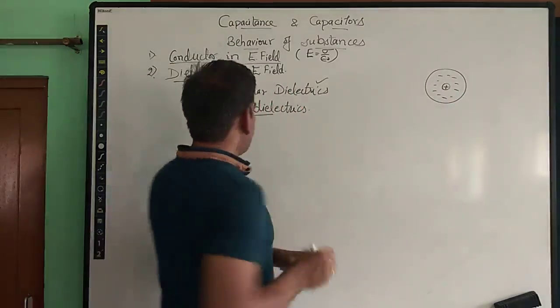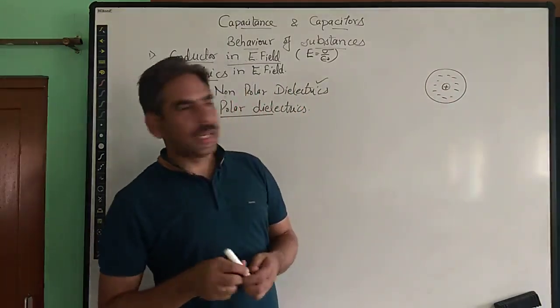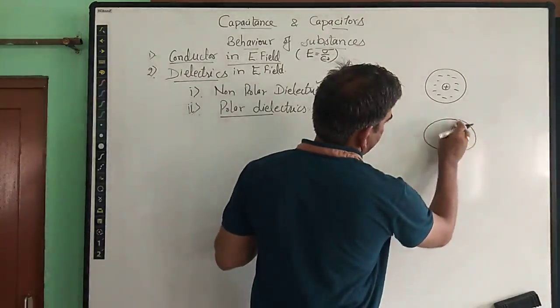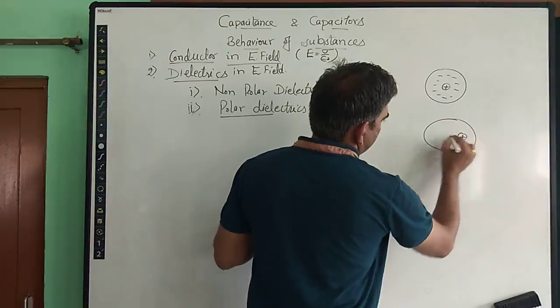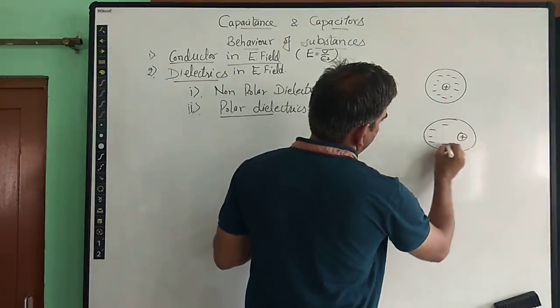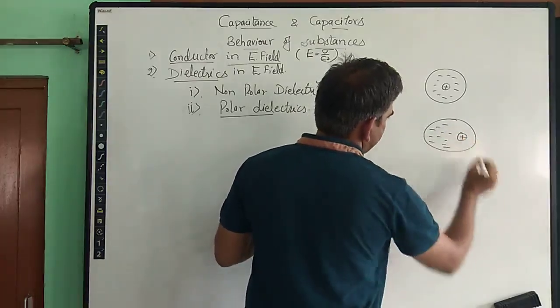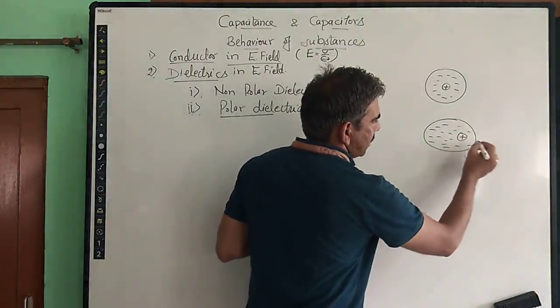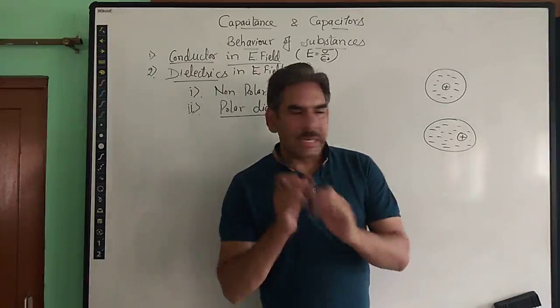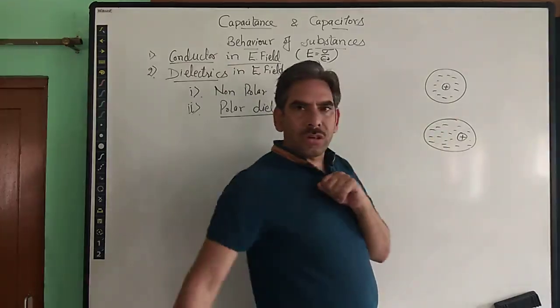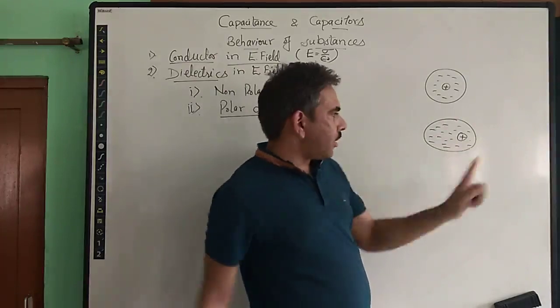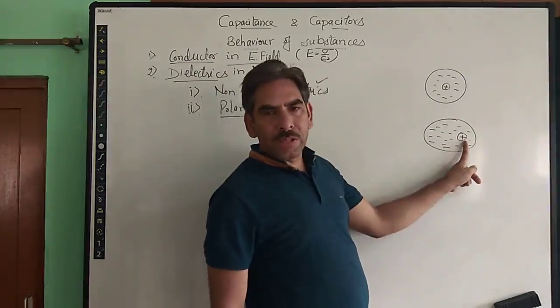Then there are polar dielectrics. Polar dielectrics are the ones in which the atoms are such that the centers of negative and positive charges are separated. They are not at the same point. The center of gravity of the electrons is at a different point than the center of gravity of the positively charged nucleus.